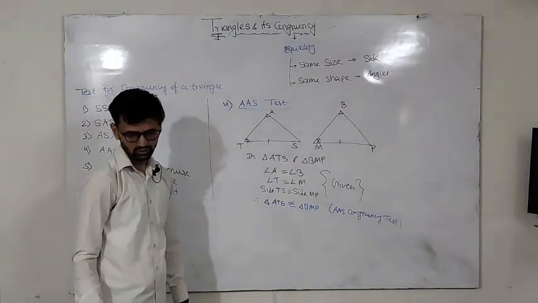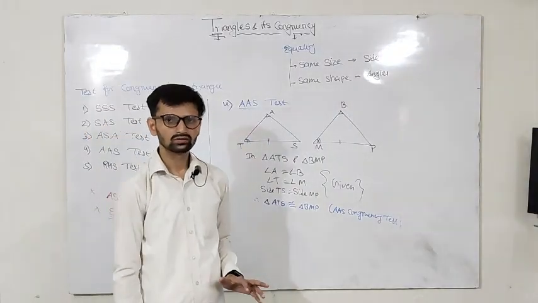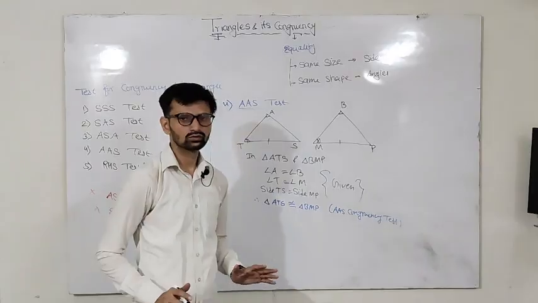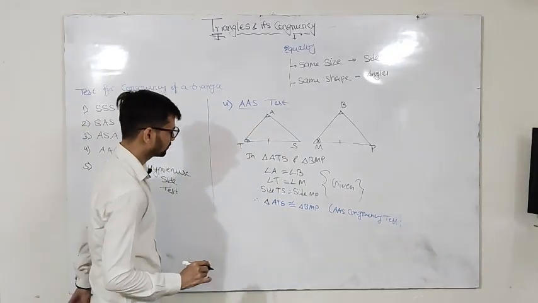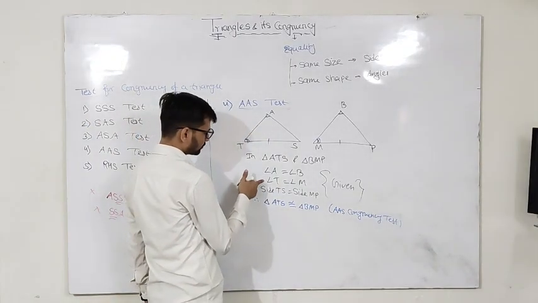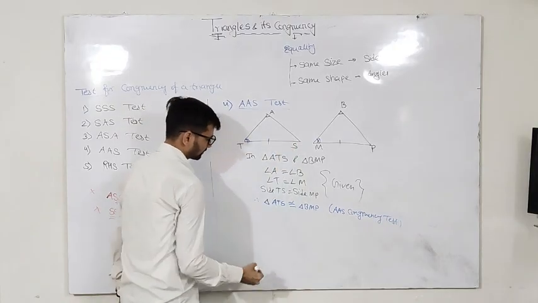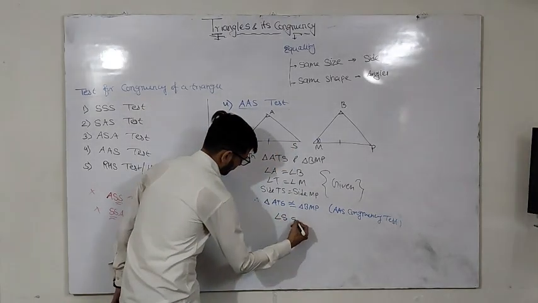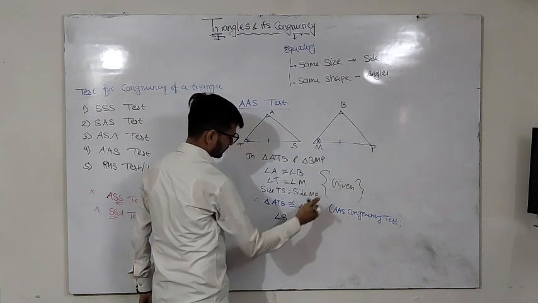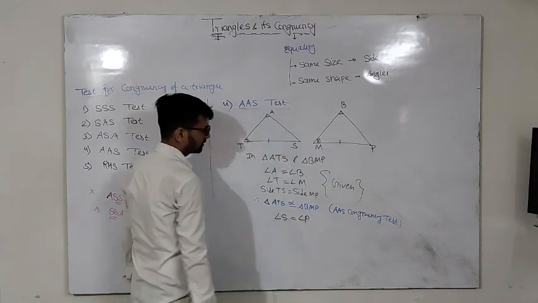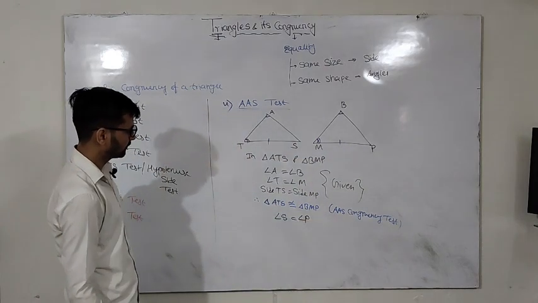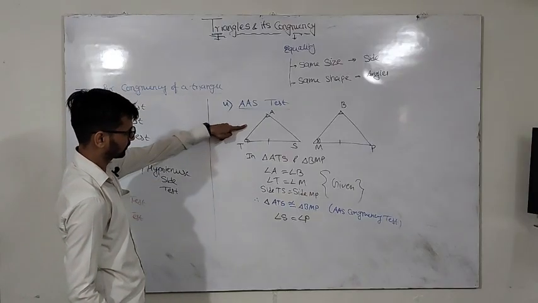As we know, if two triangles are congruent, then their corresponding sides are congruent and corresponding angles are also congruent. We covered here two angles, so we are left with the third angle, angle S, and the corresponding angle is angle P. And we are left with the two sides, one covered here, AT.